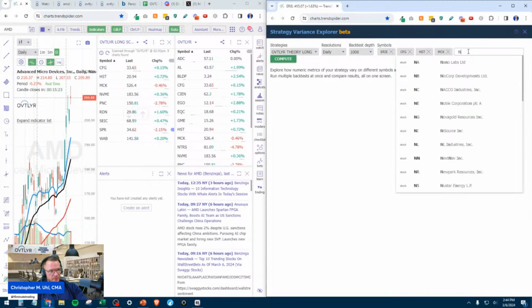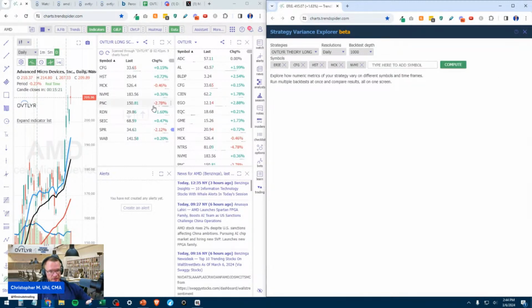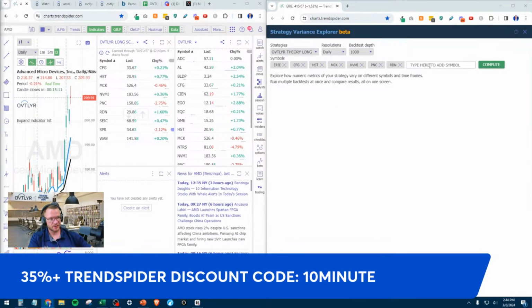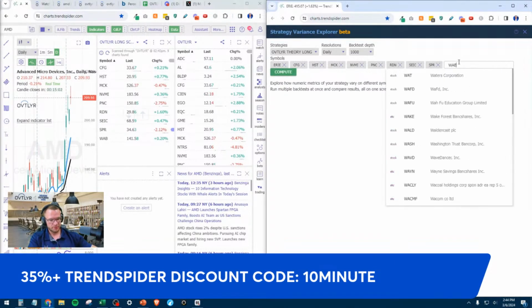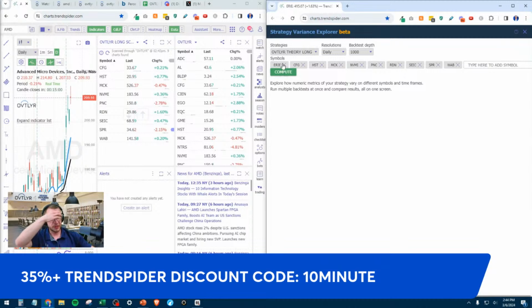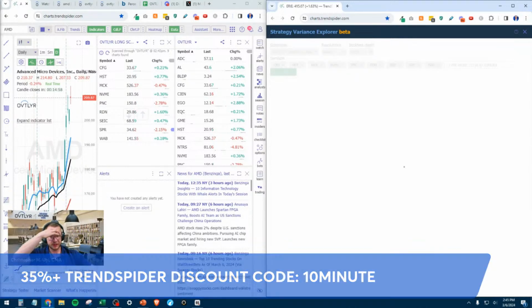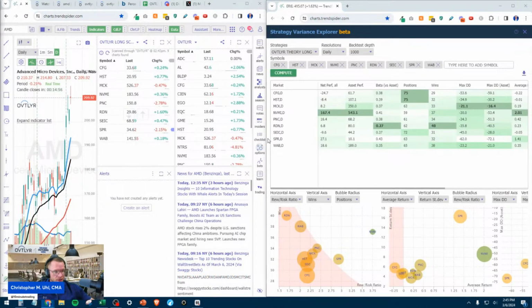NVMI. This is not copy and pasteable into this yet, but I assume that will be an enhancement coming soon. RDN. Oh, if you need TrendSpider, I always like to put that out there. SEIC, SPR, WAB. And then we'll delete Erie because that was the default one. And then let's go. Cool.